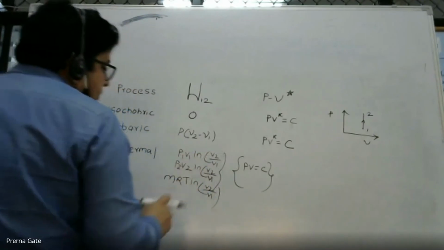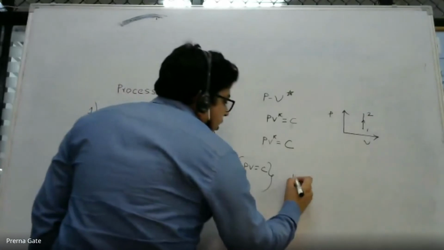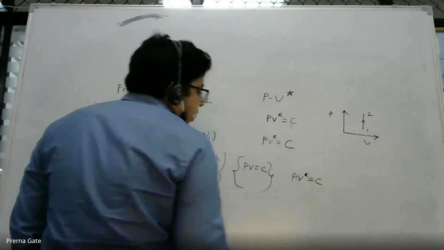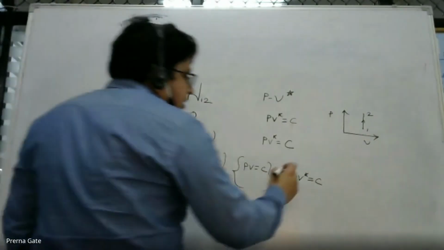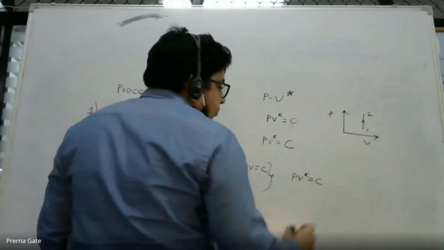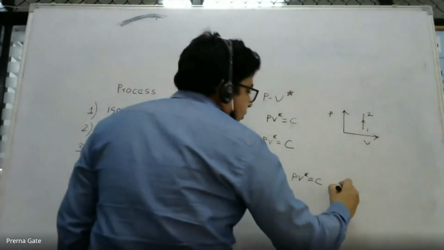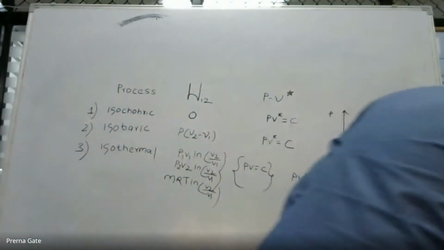So you can manipulate PVT relations here. Here PV to the power K is equal to constant. If I write down the isothermal process in this format, what will be the value of K here? Obviously, from this you can infer that K is 1. Is this part of the screen visible?